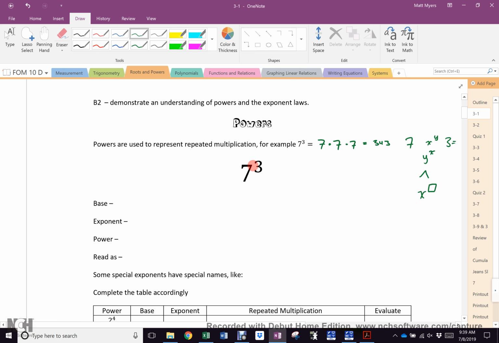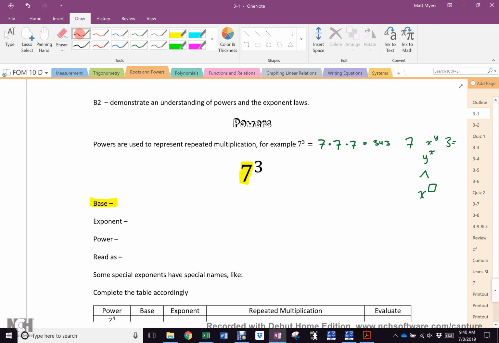What is the base? Jaginder. The 7 is the base. I'm going to highlight the base in yellow. I'm going to highlight the word base in yellow. Base is what? Don't say the big number. What is the base?